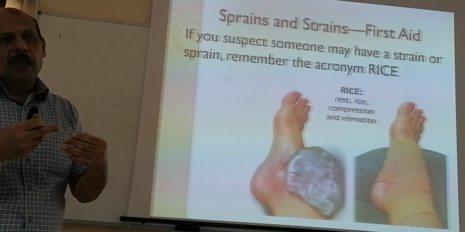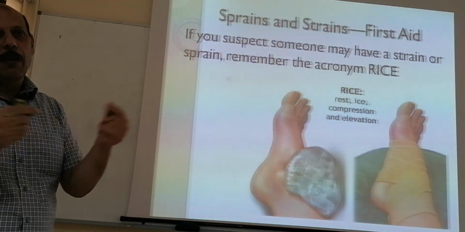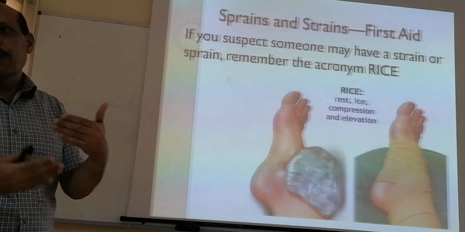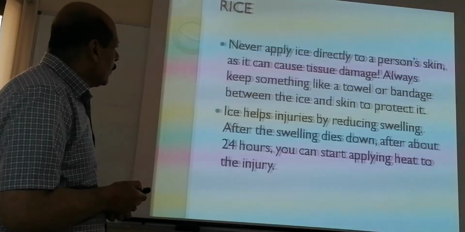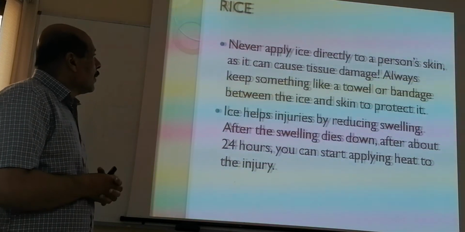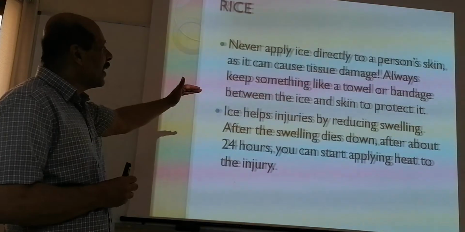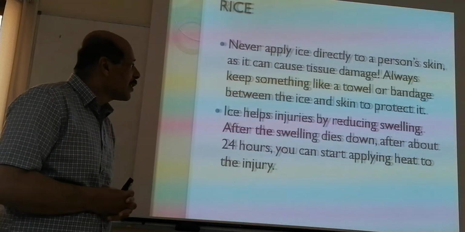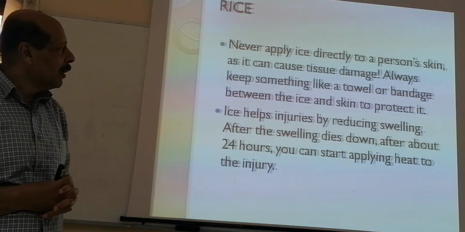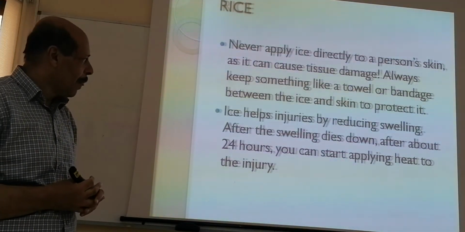The ice has to be in a plastic bag, and that plastic bag has to be wrapped with a piece of cloth. So, never apply the ice directly to the person's skin as it can cause tissue damage. Always keep something like a towel or bandage between the ice and the skin to protect it.